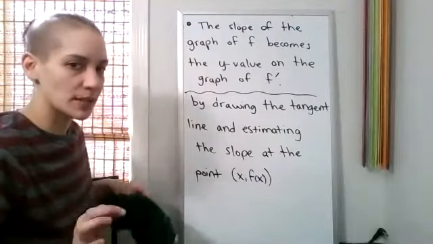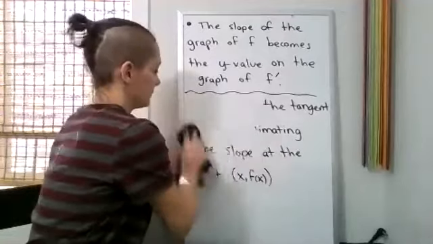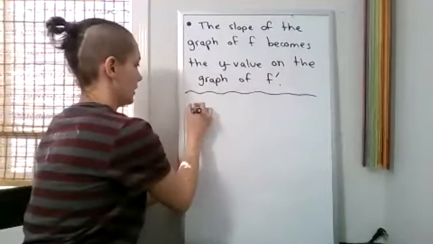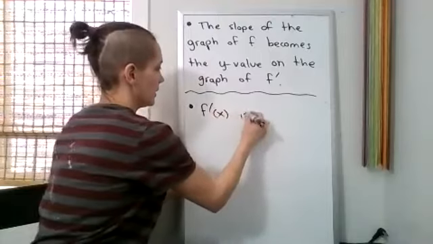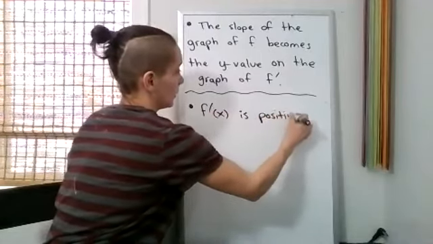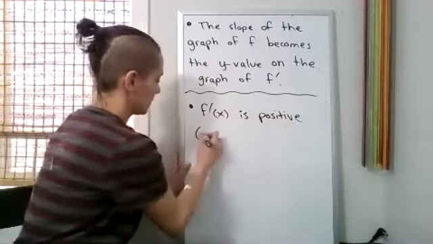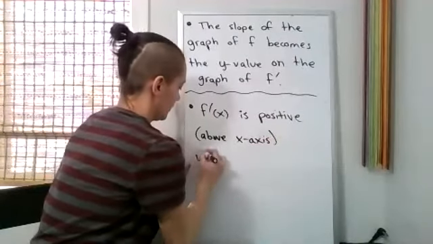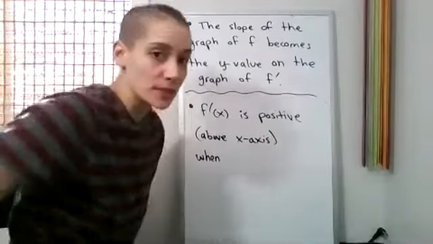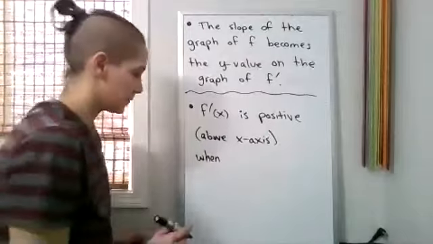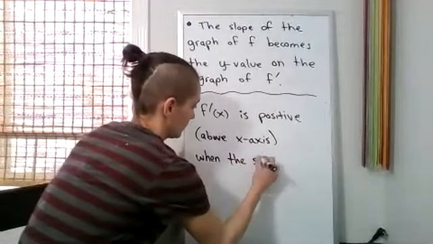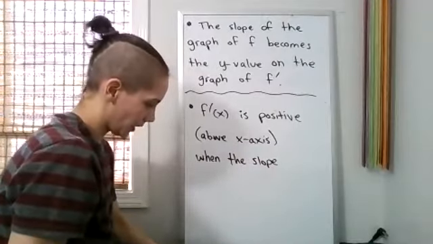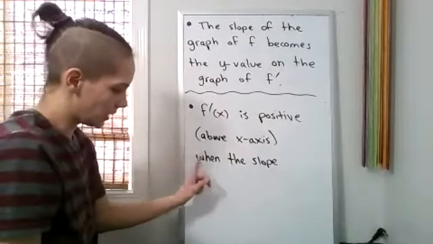First one is when f prime is positive. F prime of x is positive, or above the x-axis, when the tangent lines have positive slope.